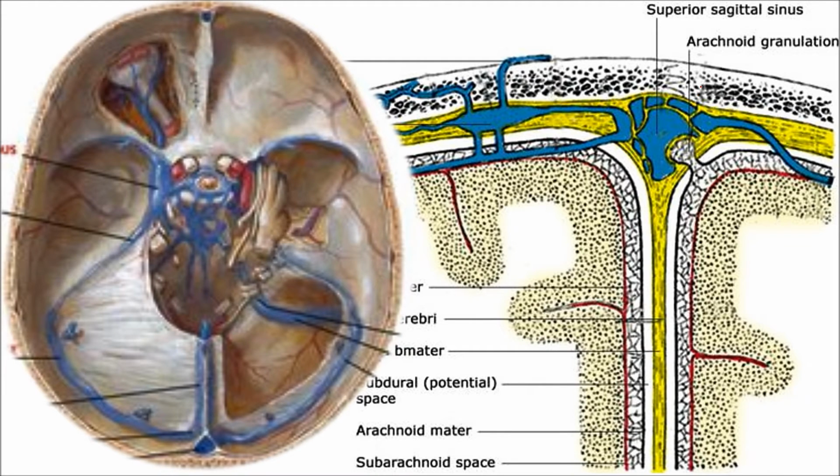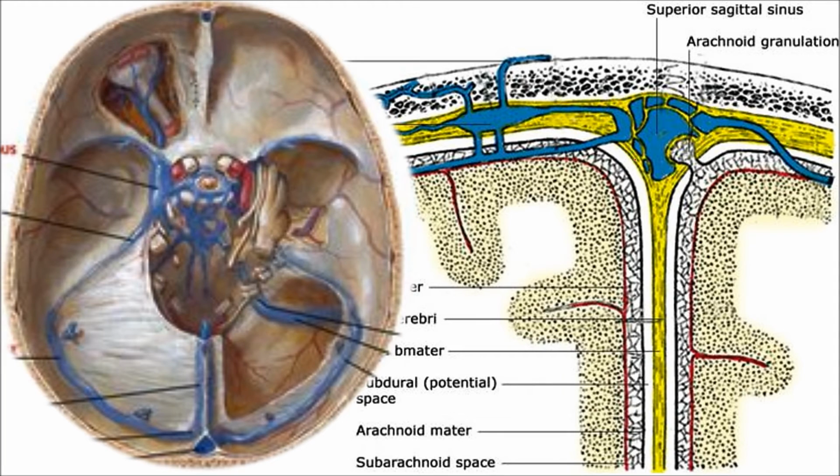Correct. It should be between the bone and the endosteal layer of the dura, and thus it will be an epidural hematoma. Now, if it involved the meningeal layer, it will be between the dura and the arachnoid membrane. So this space is called the subdural space.